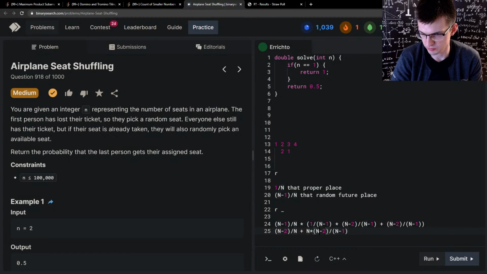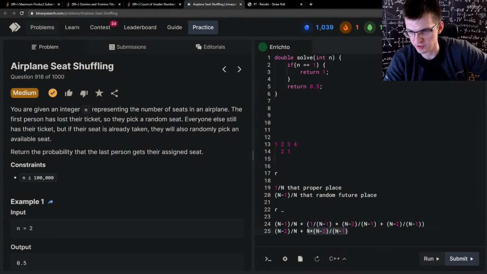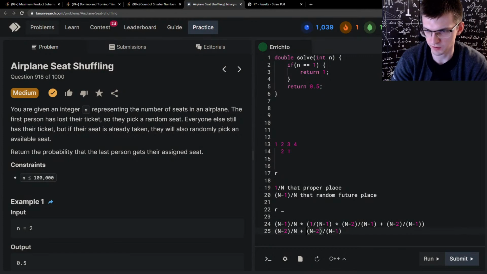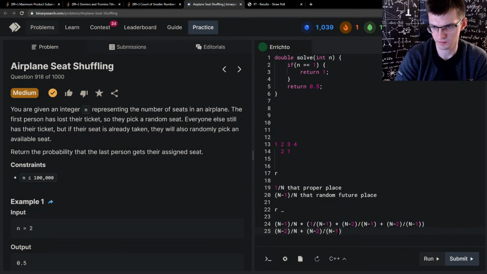Or is it? It is, because this is bigger than 1, possibly. This cancels with that. Oh yeah, n is divided by n, divided by that.